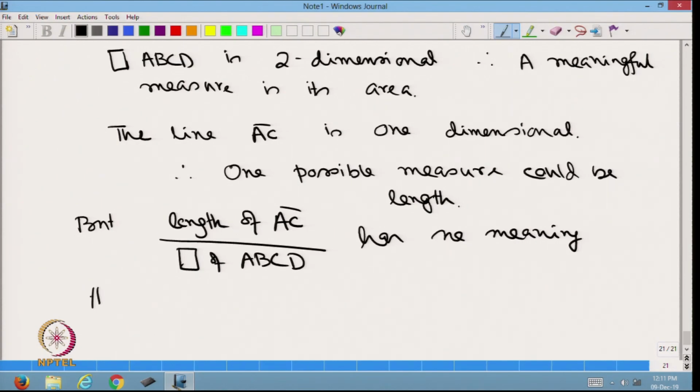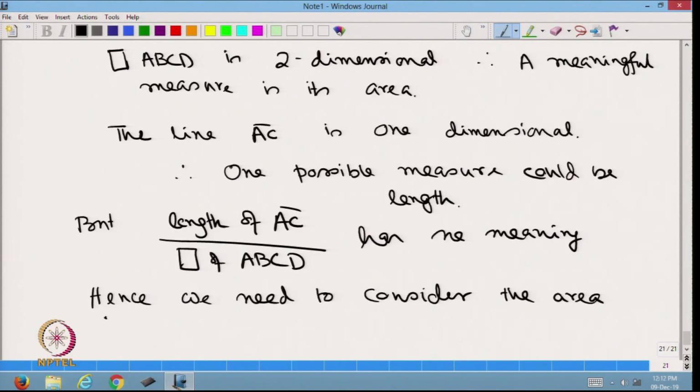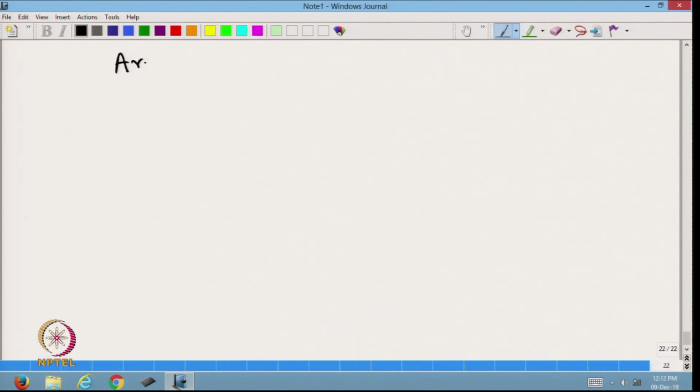Hence, we need to consider the area under the line AC, and we know that area of AC is equal to 0.